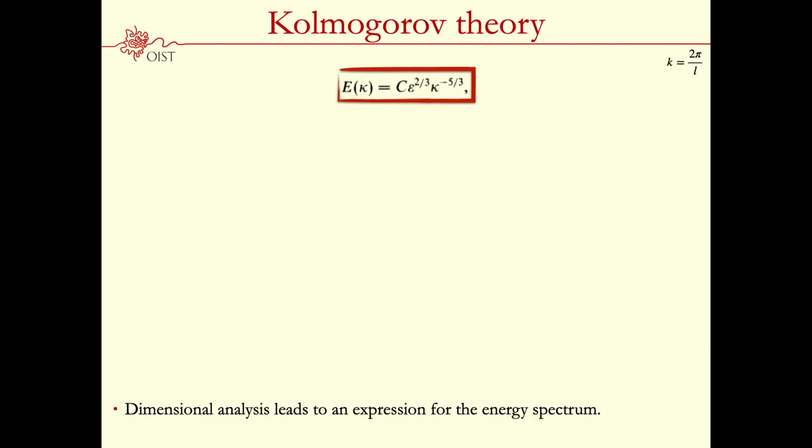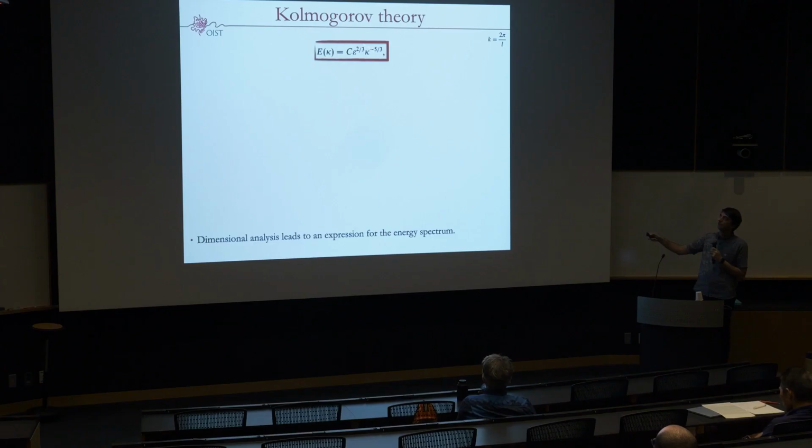So large scales, large L, means small wave number, small scales, small L, means large wave number. So Kolmogorov predicted that the energy spectra, so the amount of energy that you have in each scale, decays in the intermediate range, away from the production and away from the dissipation, as k to the power minus 5/3.